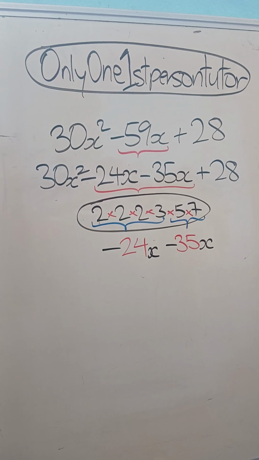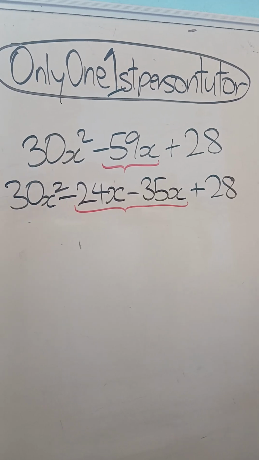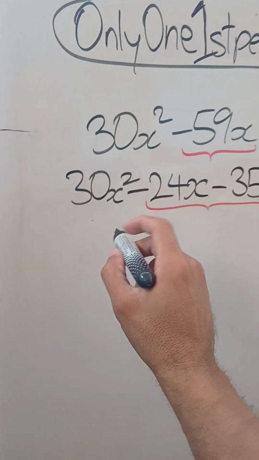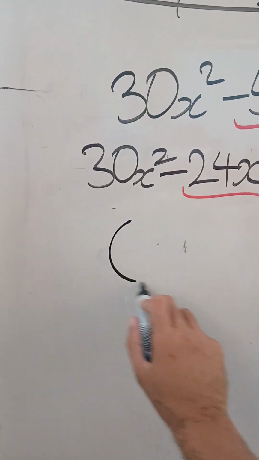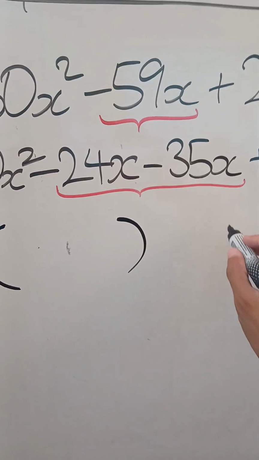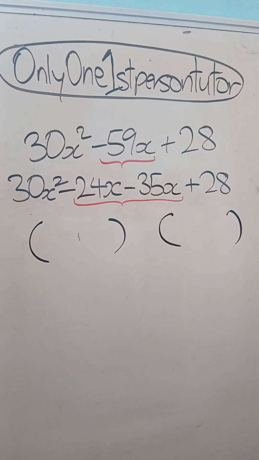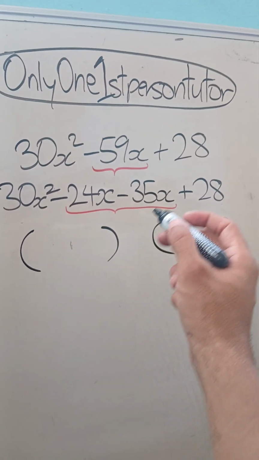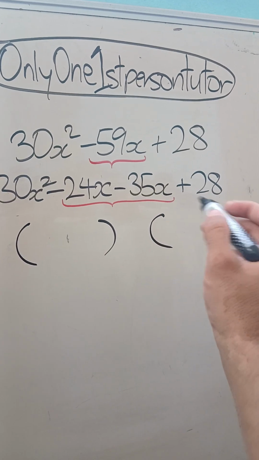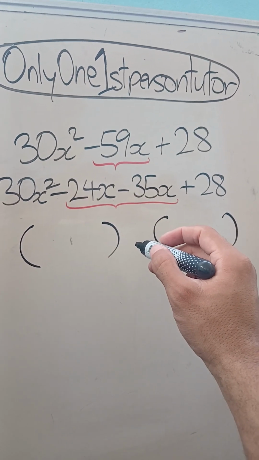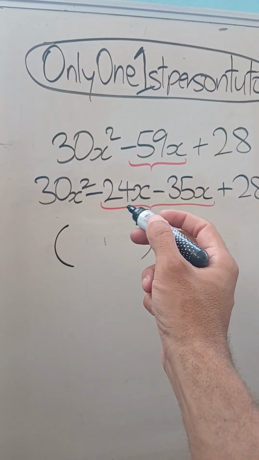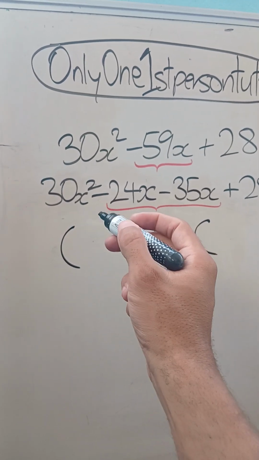All right, let me get rid of the distraction. Okay, here we are. So let's put our bracket there and our bracket there. Yeah, the HCF of 35 and 28, that's going to be 7. All right, and then this, well, 24, 30.